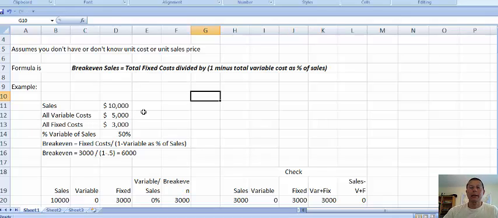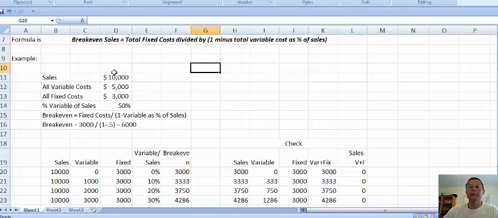So sales is $10,000. Your variable costs are $5,000. Your fixed costs are $3,000. So the variable cost as a percentage of sales is 50%. We get that by dividing $5,000 into $10,000.